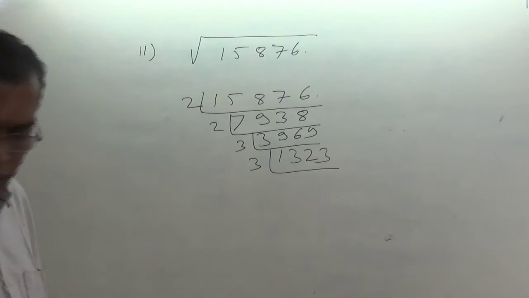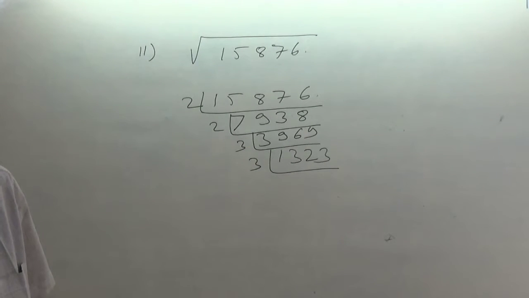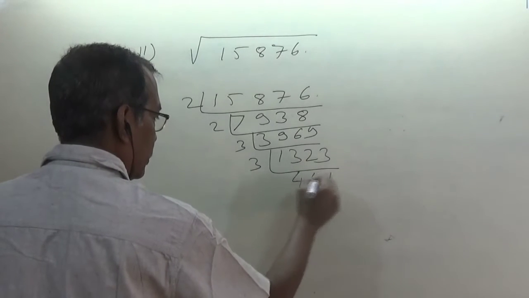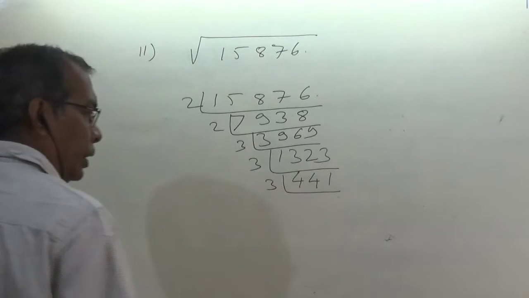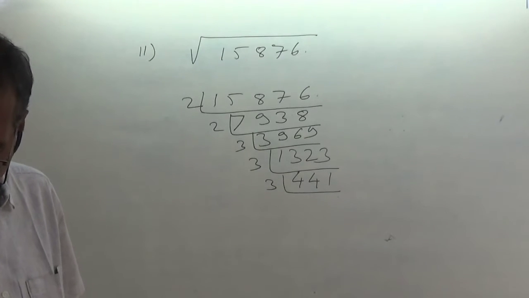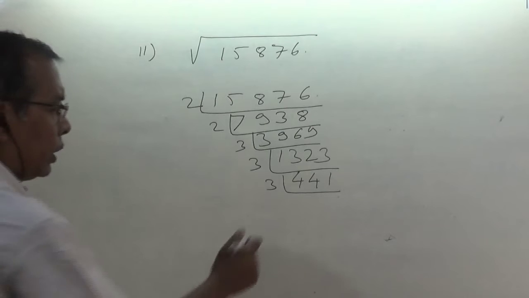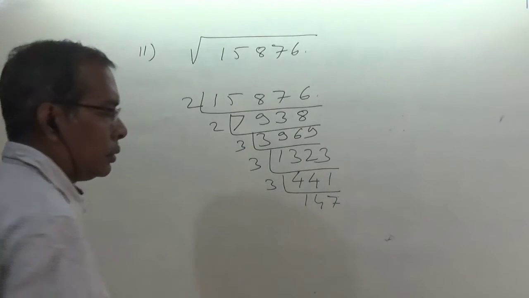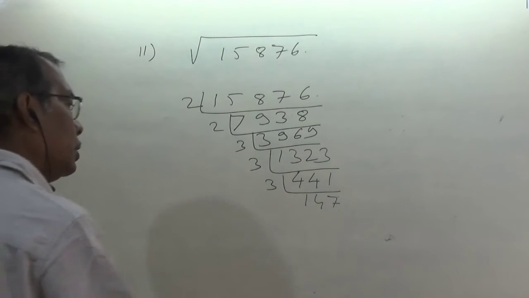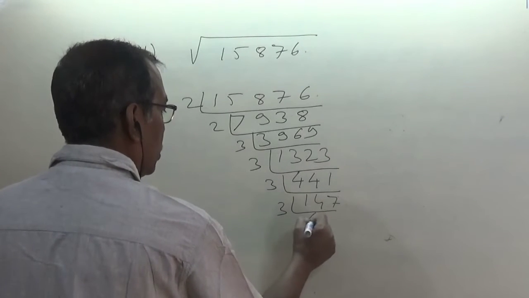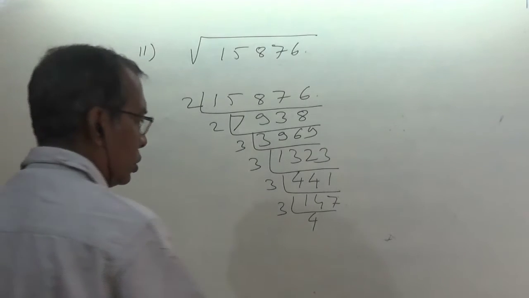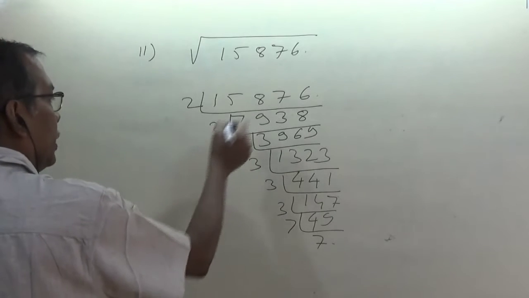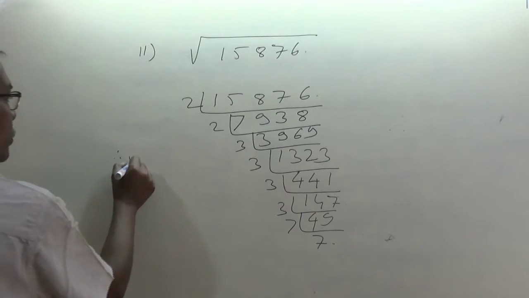Then again divide by 3, 441. Again divide by 3, this is 147. Again divide by 3, and again divide by 7.